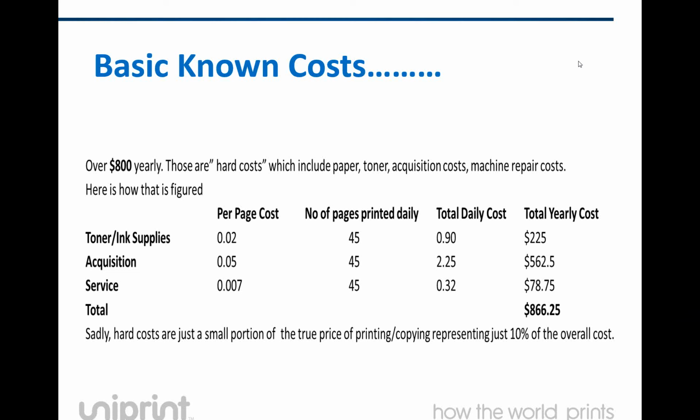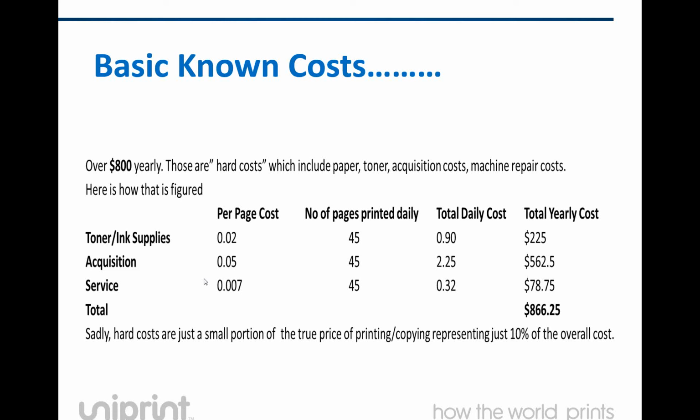a fair idea. The interesting thing is that the costs vary dependent on the machine. So if you've got a smaller printer, your acquisition costs are going to be less, but then your toner cost could be more. Your service cost could be high.